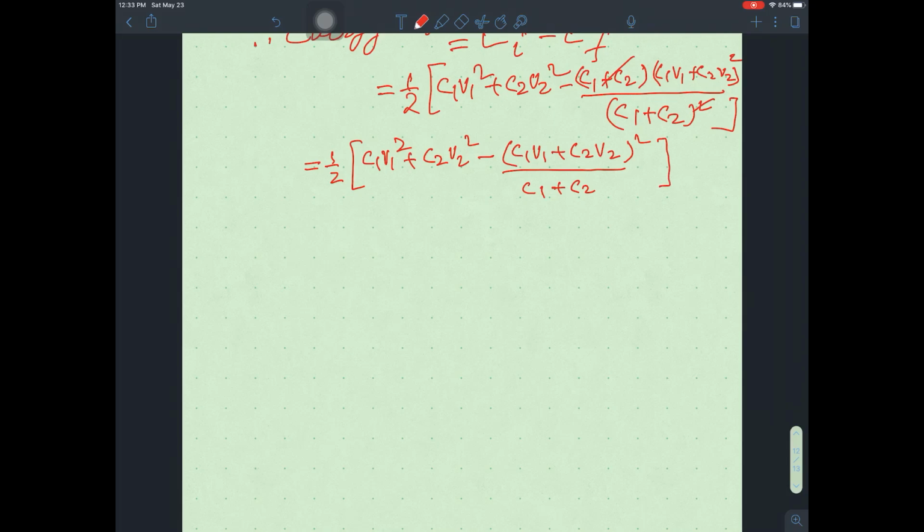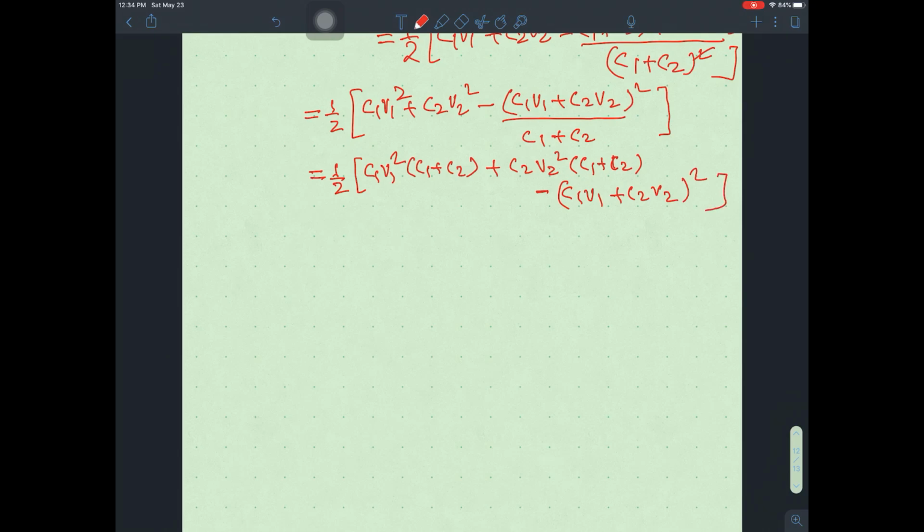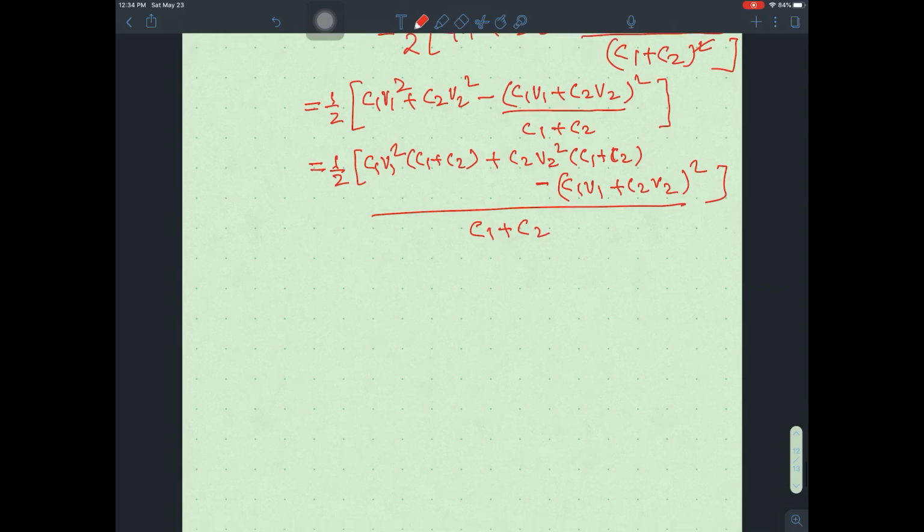Now only calculation is there that we will do, and we will be able to get the expression for the energy loss. So this can give you 1 by 2 [C1 V1 square into (C1 plus C2) plus C2 V2 square into (C1 plus C2) minus (C1 V1 plus C2 V2) whole square], and this whole divided by (C1 plus C2).